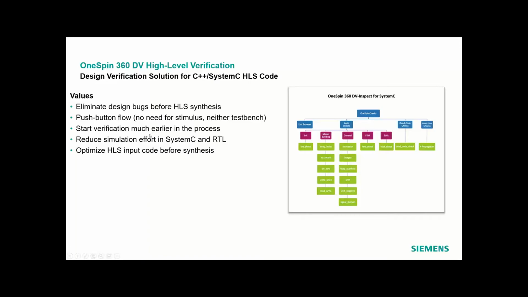You can just read your SystemC design, compile, and then all these checks will be automatically generated, and you can tell the tool to start the checking. So the verification process can also be started much earlier. You don't need to wait for the HLS to finish, so you can start much earlier.